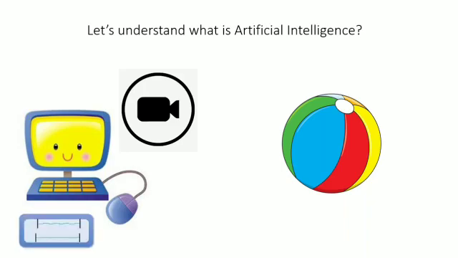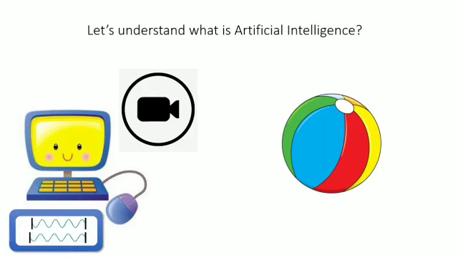Then it reads the object, checks its properties and features, and compares them with its database. After comparison it gets the result that the object is round shaped and a toy, so the computer can identify it is a ball.